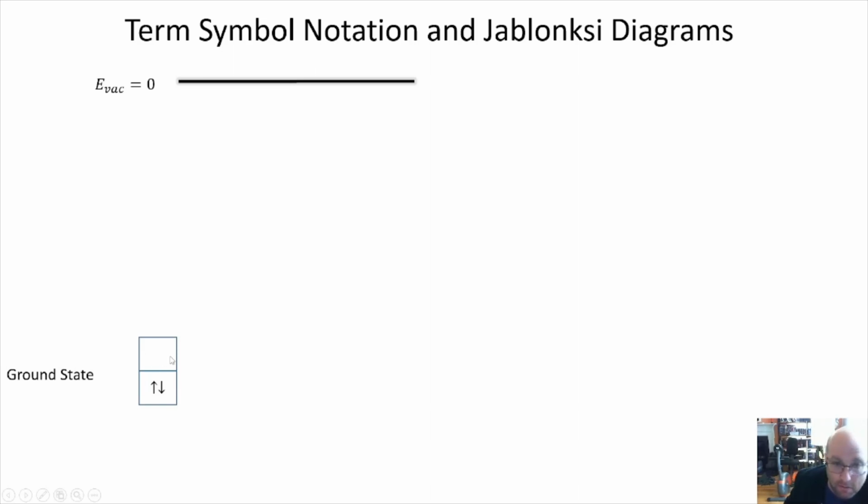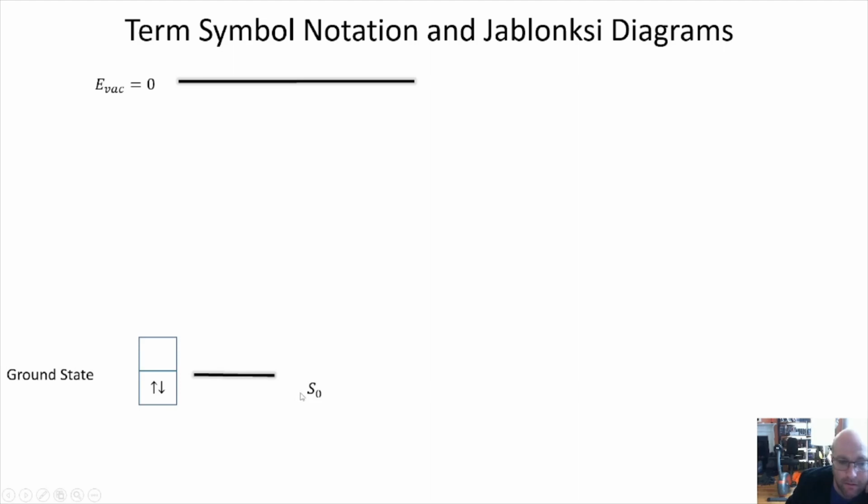But I want to make a distinction between this ground state and the orbitals in the ground state. And so I'd like to describe this ground state configuration as the S0 term symbol. We'll see why it's called S and 0 in a minute.